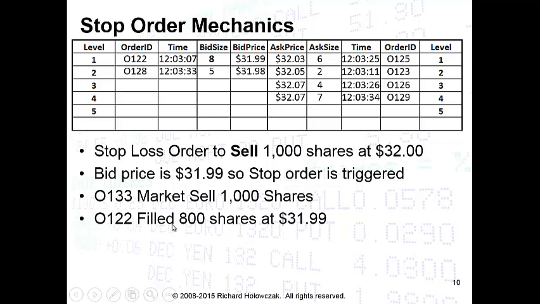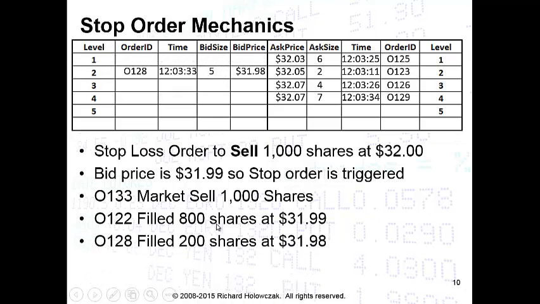Order 122 will get filled for all 800 shares here at $31.99. But remember, our market sell order is for 1,000 shares, so we're going to continue on to the next level in the book. Order 128 will fill 200 shares at $31.98.